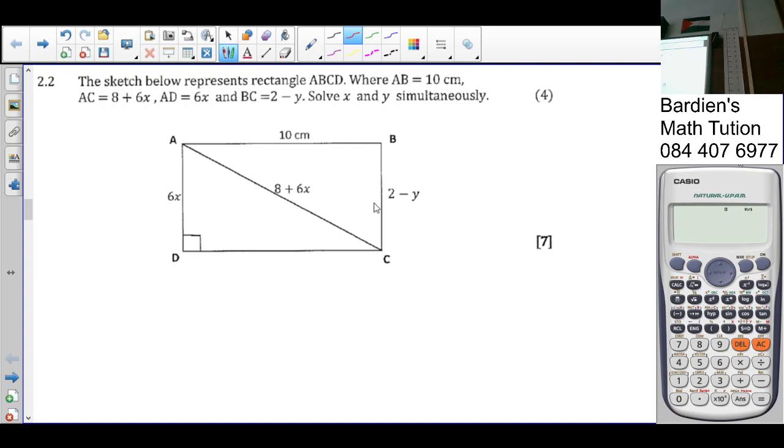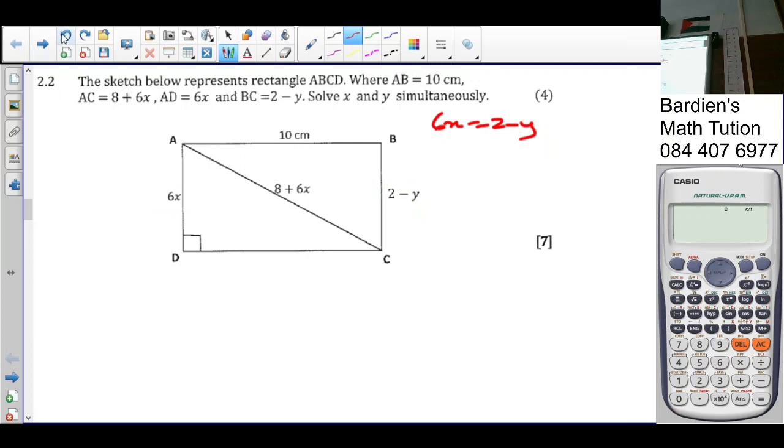Looking at this, we need to set up two equations. Why two equations? Because there's two unknowns. So firstly, we can say that 6x is equal to 2 minus y. Why is 6x equal to 2 minus y?